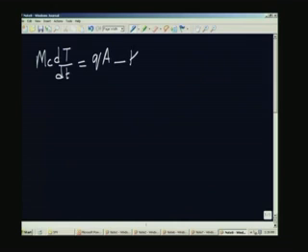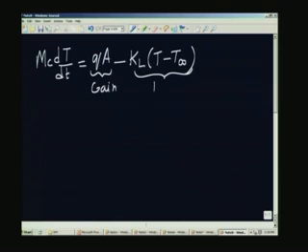We have MC dT by dt, the rate of change of the internal energy of the sensor, equal to QA, which is the heat flux impinging on the sensor, minus the loss part KL into T minus T infinity. This will be the equation. So, this is gain and this is loss, and of course, this is the net effect.